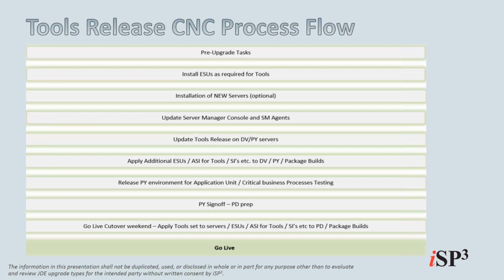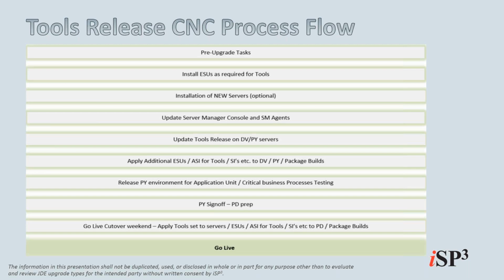Absolutely. Are you going to have ESUs? Absolutely. You're going to have ESUs no matter what you do if you do a tools upgrade, because there's ESUs that go along with the tool set, and there's also performance ESUs that you definitely want to apply as well, because that means success for a tools upgrade.